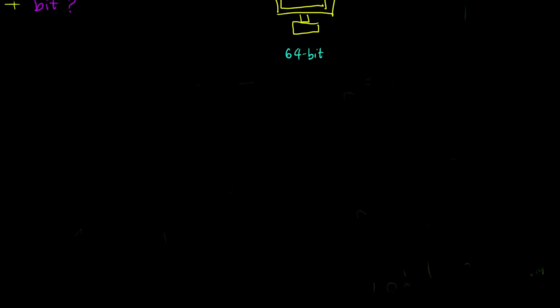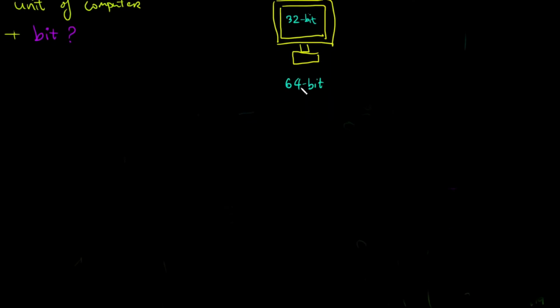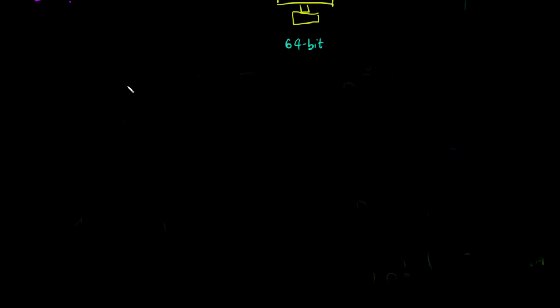Okay, let's have a simple example. 32 and 64 are kind of big numbers, so let's have something small. Let's say I have a computer that has 2-bit data.